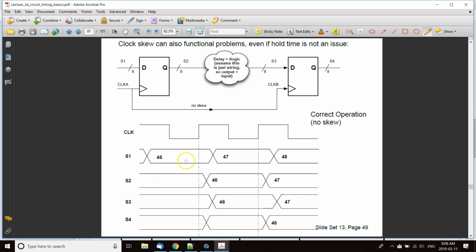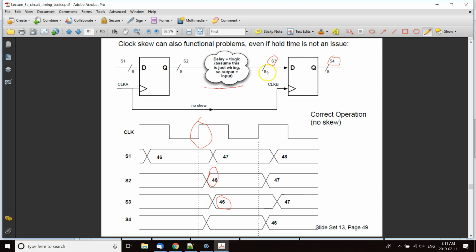Assuming there's no skew, and assuming the data is 46, 47, 48, which for convenience is just increasing so we know which one comes when, then when there's a clock, S1 goes into S2 after the clock, and after a delay there's a delay here.